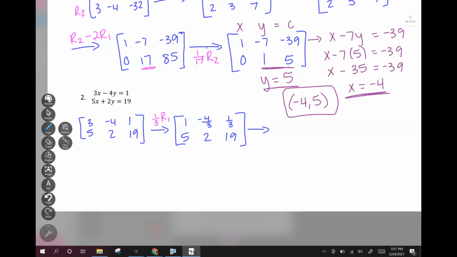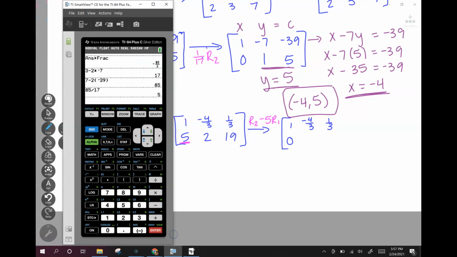Okay, and now that I have the 1 in the first column, I need to get a 0 below that. I need to make that 5 into a 0. And so I'm going to do row 2 minus 5 of row 1. So row 1's not changing. I'm subtracting 5 of row 1 from row 2, so that becomes a 0.